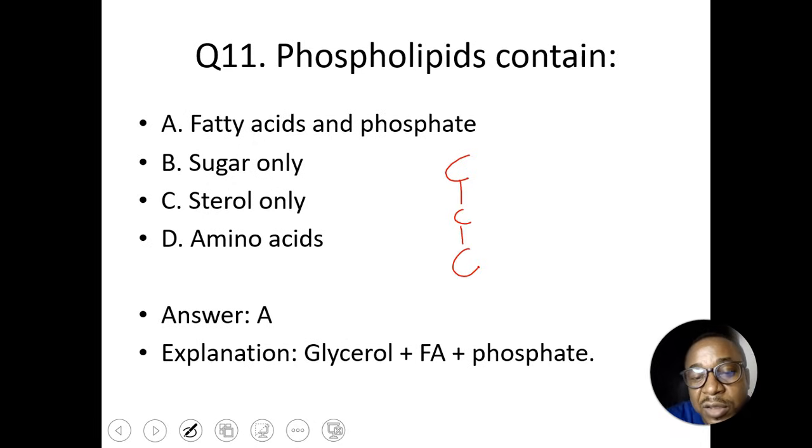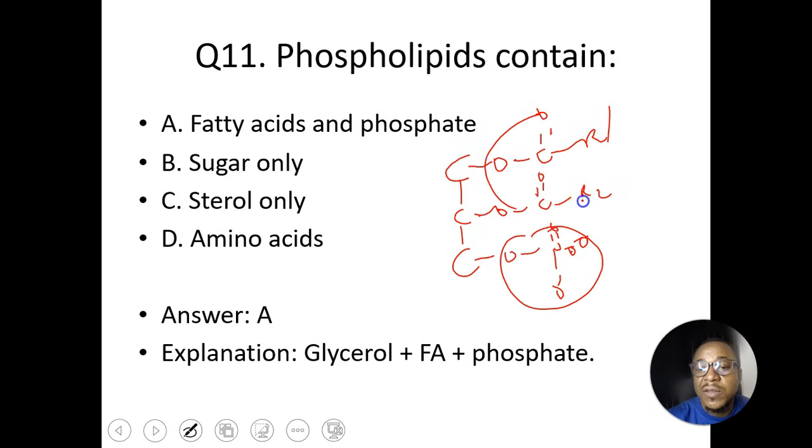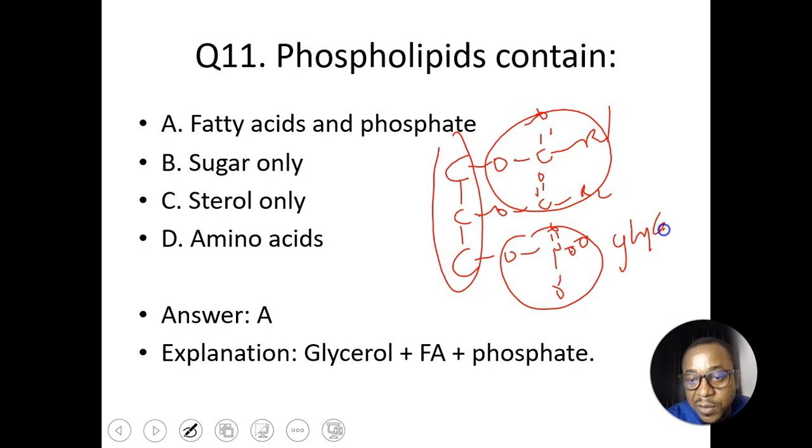Now this glycerol is an alcohol, so it will be esterified to a fatty acid. Fatty acid 1, fatty acid 2, then this one. So this is a phospholipid. This is a phosphate group, and the fatty acids, all esterified to this backbone called glycerol.